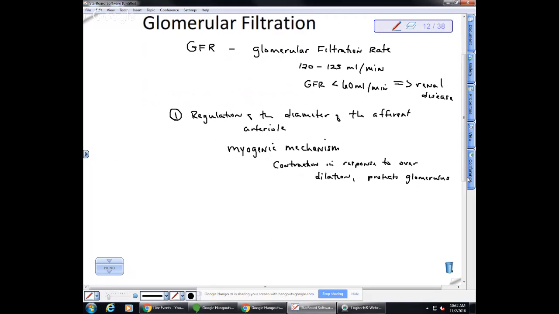Now, some other things also affect the glomerulus, arterioles and arteries. One of them is a neural mechanism, the sympathetic nervous system, which specifically causes the release of epinephrine.